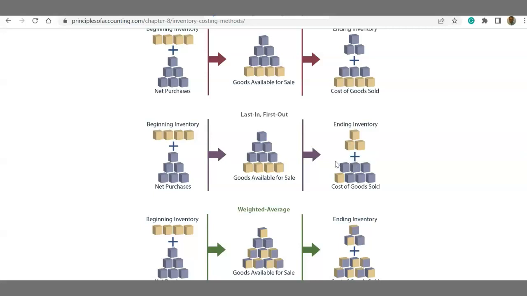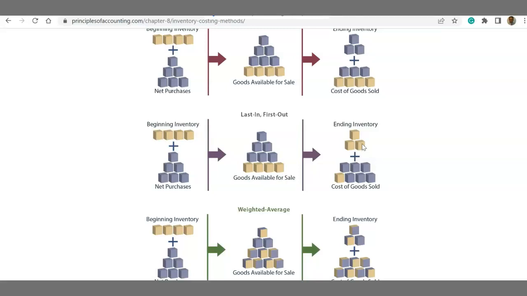You are always selling the last series of purchases of inventory. So at the end of the year, these 3 leftover boxes we call a LIFO layer.